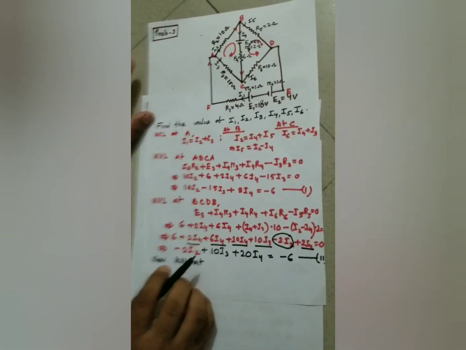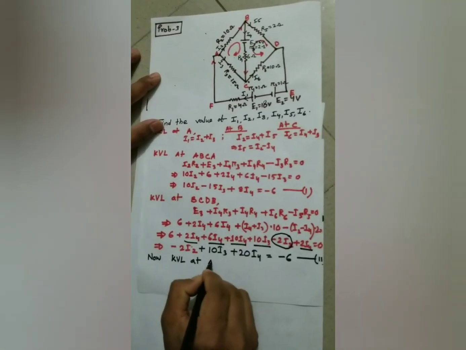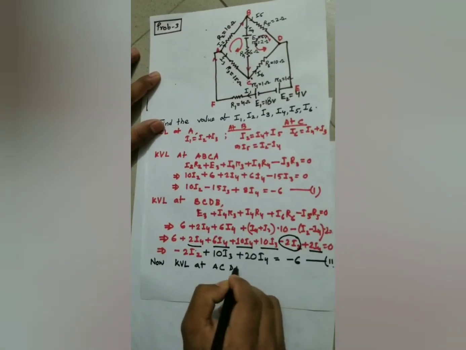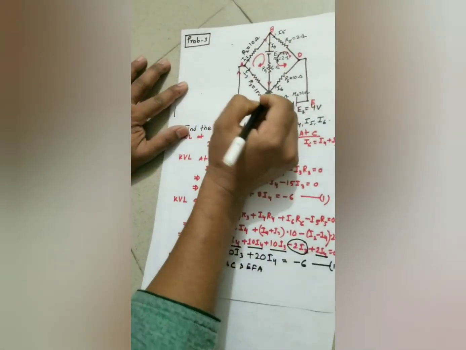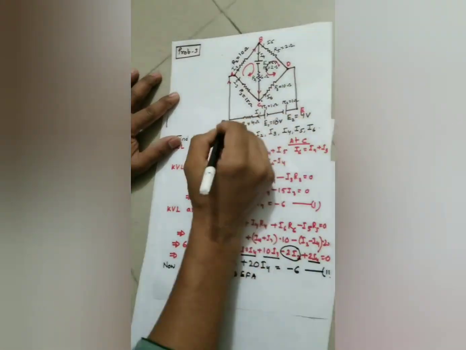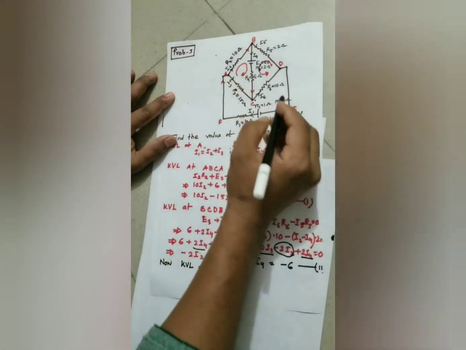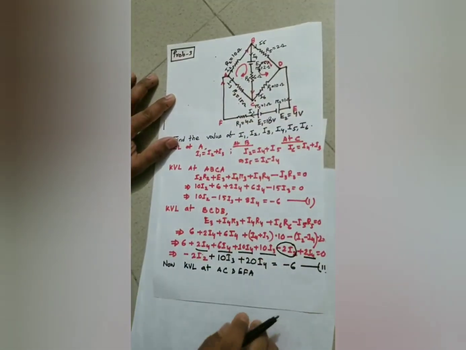Now KVL at A, C, D, E, F, A. And we are moving clockwise.